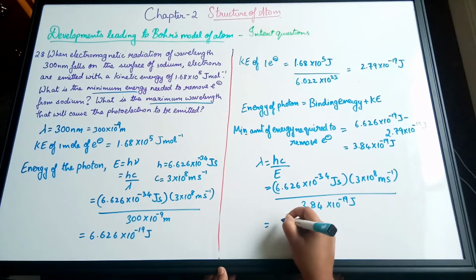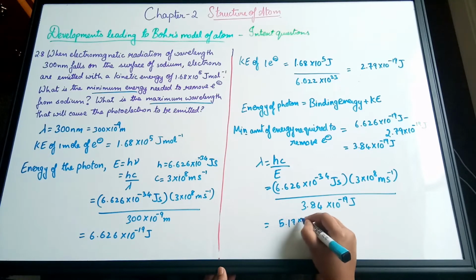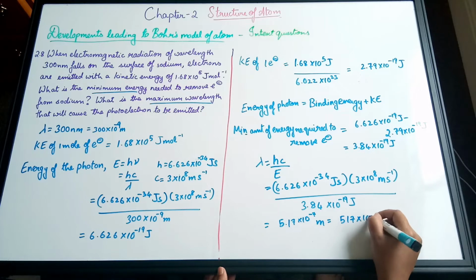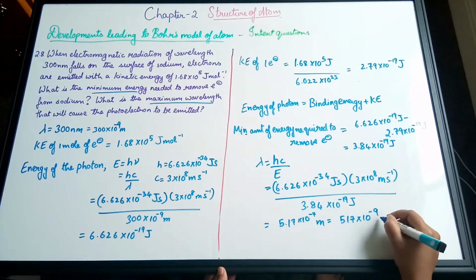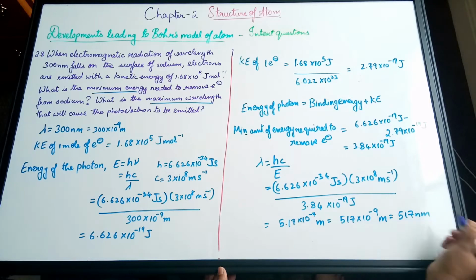And when this is simplified, we get the wavelength as 5.17 into 10 to the power minus 7 meters, or 517 into 10 to the power minus 9 meters, which is equals to 517 nanometers.